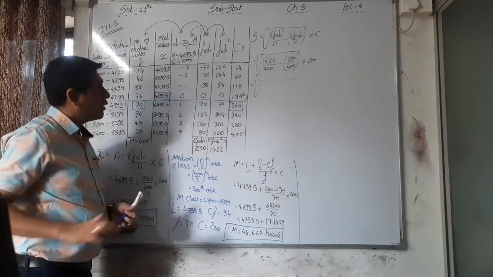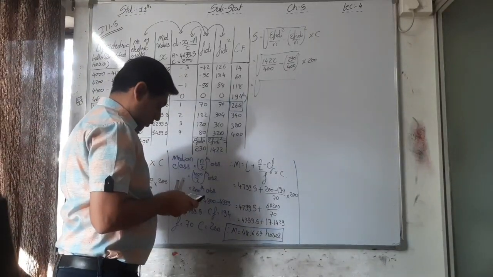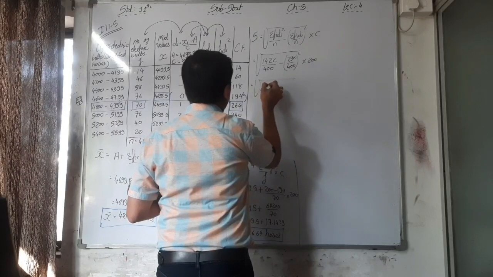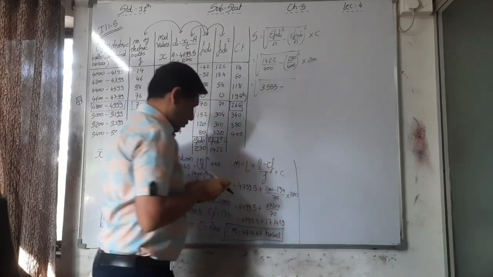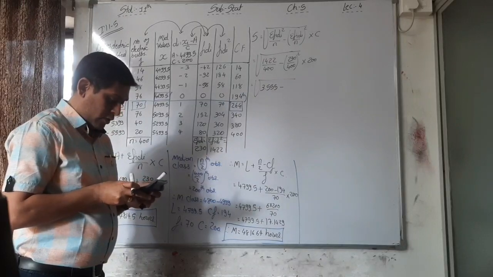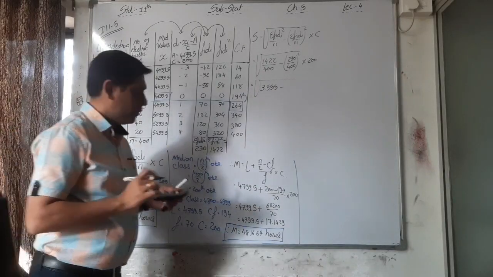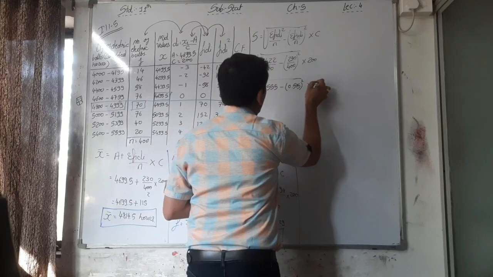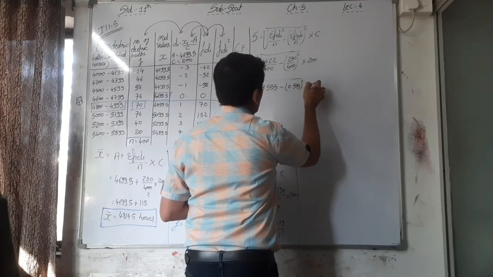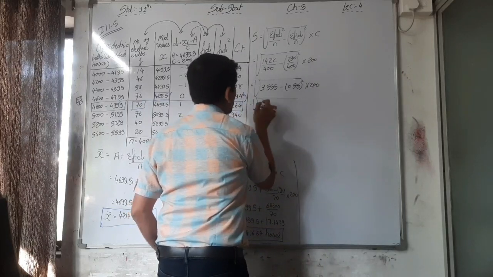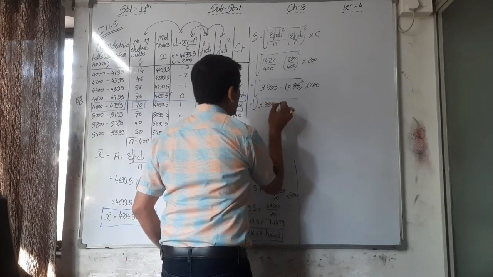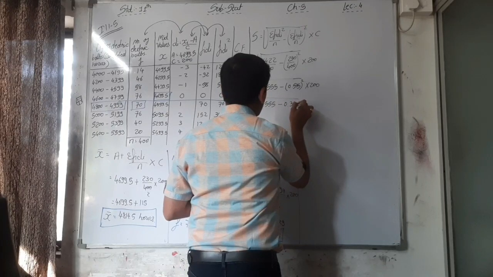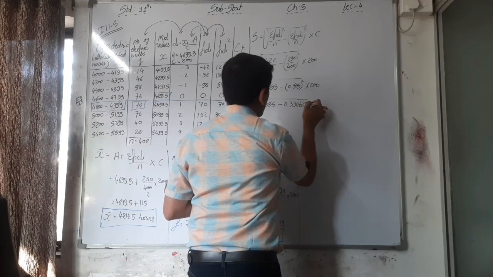1422 divided by 400 is 3.555 minus 230 divided by 400, 0.575 whole square, into 200. So 3.555 minus 0.330625, into 200.